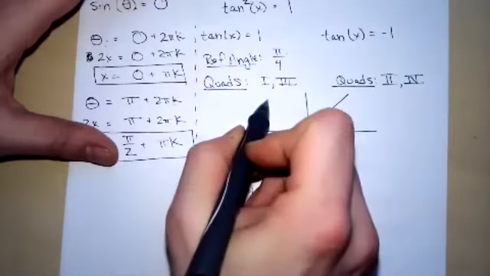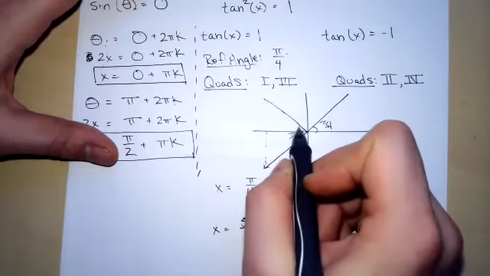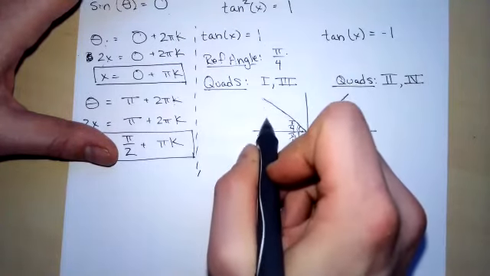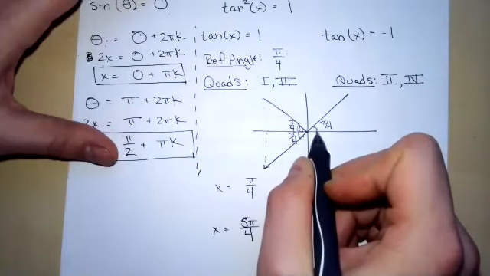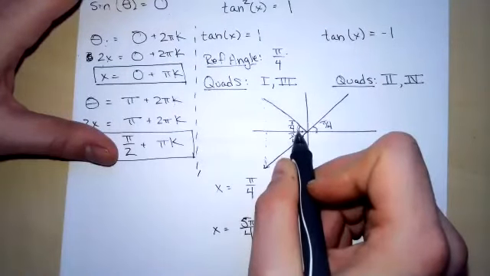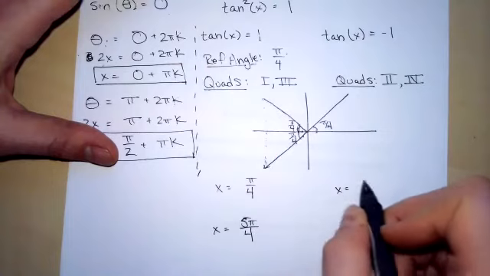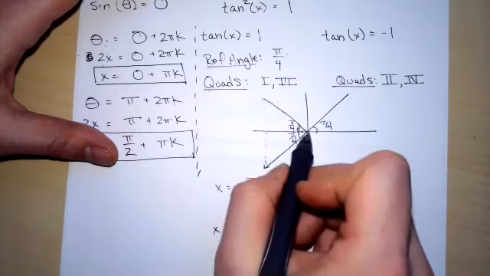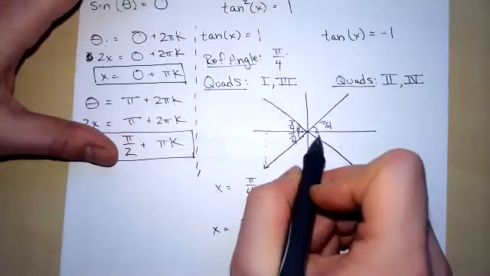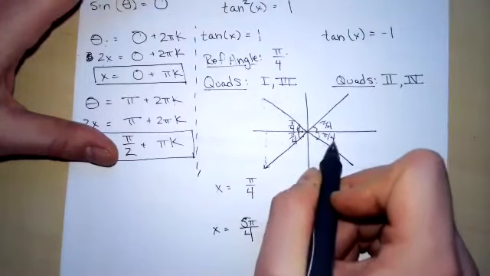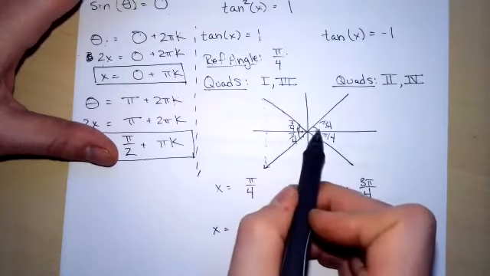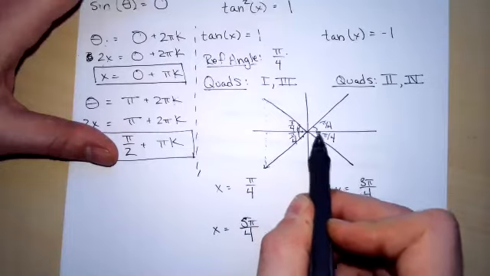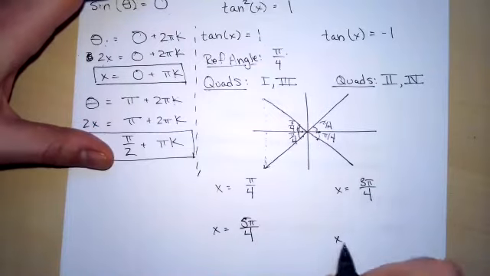And then in quadrants 2 and 4, we have an angle of pi over 4 there. And how do we count that? 4 pi over 4, and then back 1 gives us 3 pi over 4. And then in the fourth quadrant, how do we count that guy? We go all the way around, 8 pi over 4 minus 1 gives us 7 pi over 4.